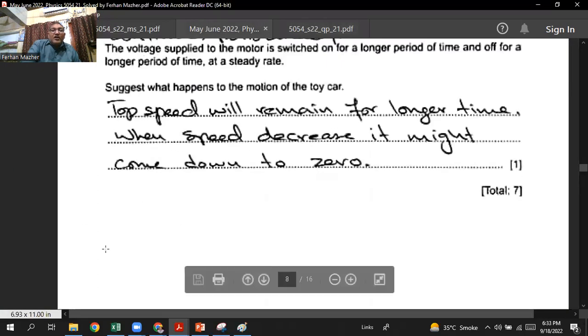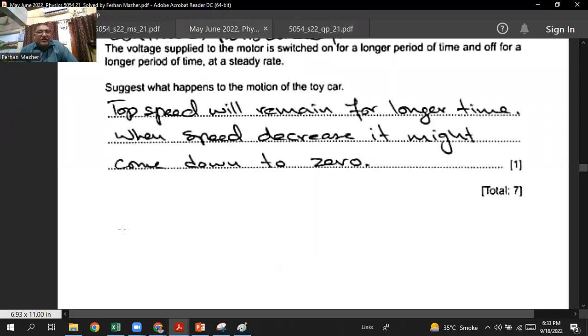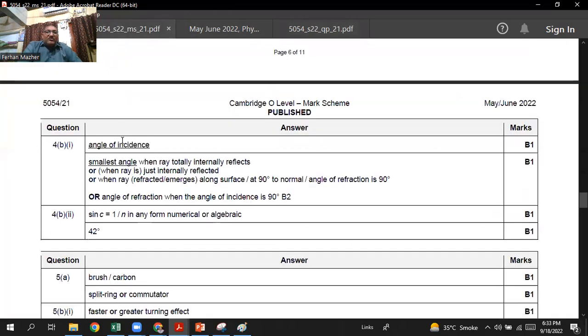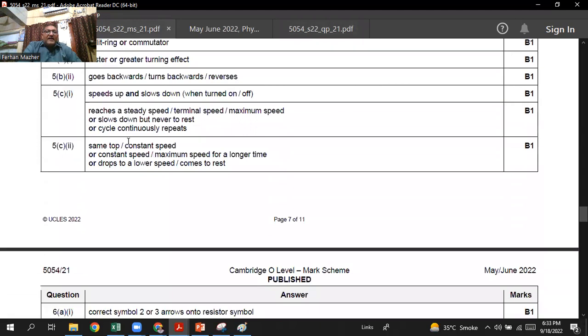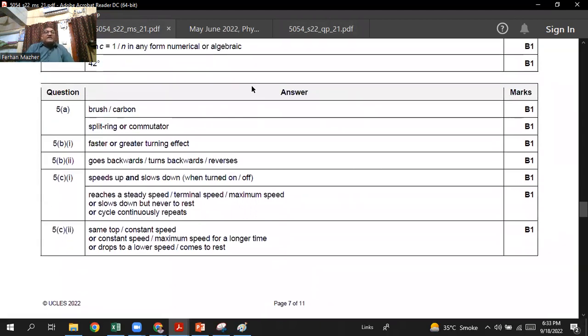Top speed will remain for longer time. When speed decreases, it might come down to zero. So these are my answers. So that is question number 5. Hopefully you understand. The answers for question number 5 are showing on your screen, and you can pause the video and take your time with this.